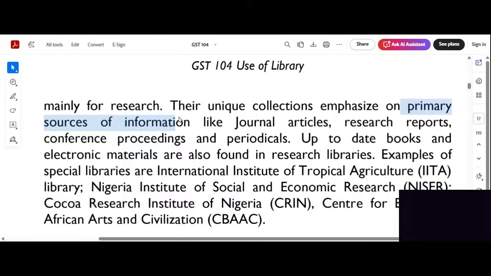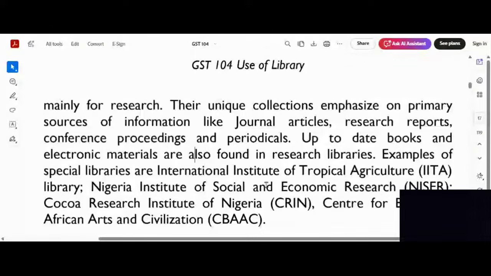Don't worry, I will explain. We are just reading for now. I want you to digest the reading first, then we will explain what we're talking about. We have up-to-date books and electronic materials also found in research libraries.